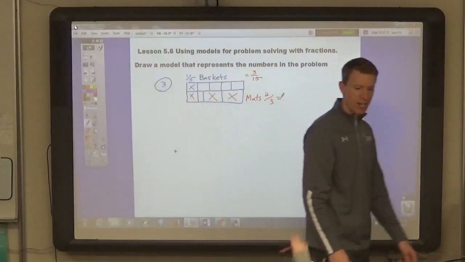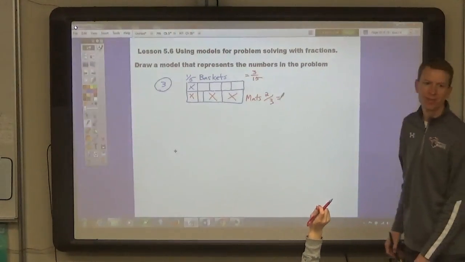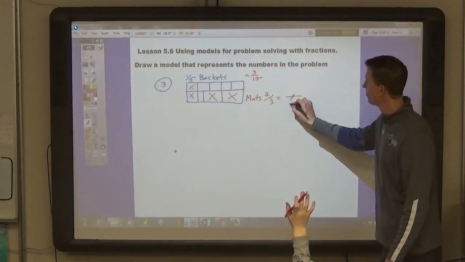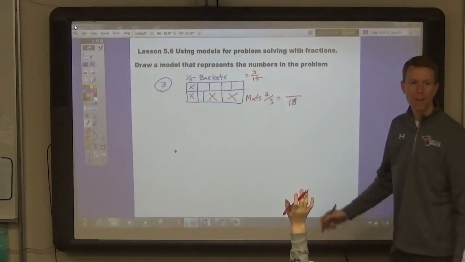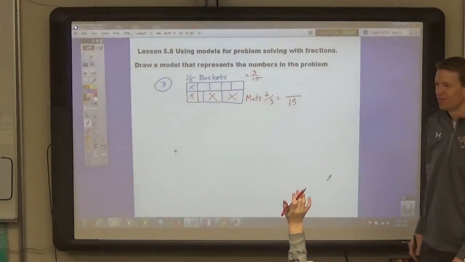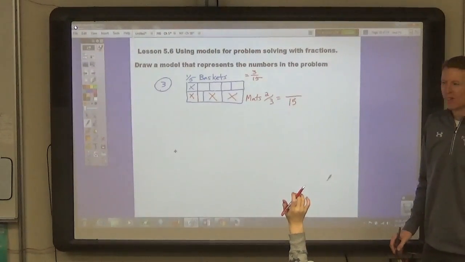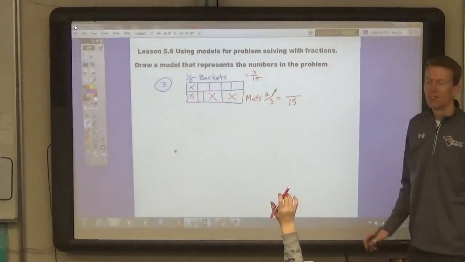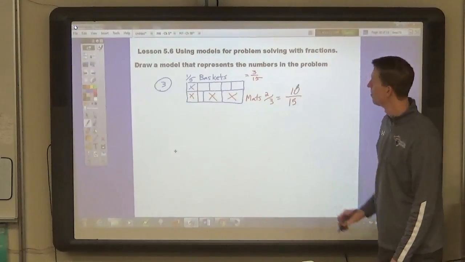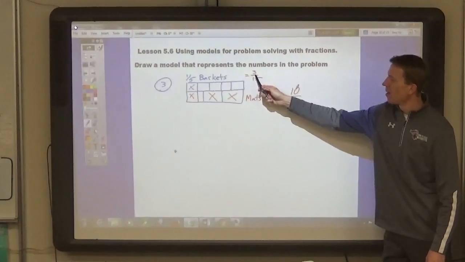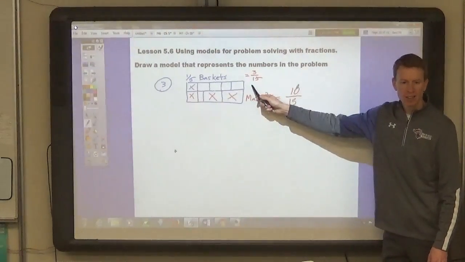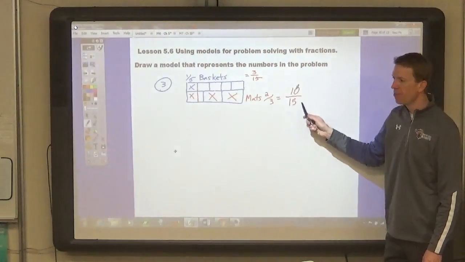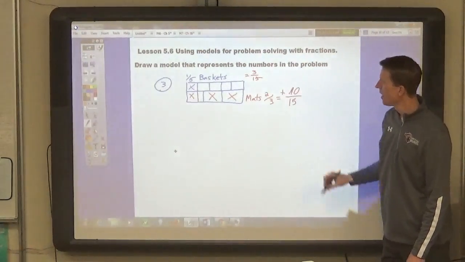2/3 equals, Kaden? How much in 15ths? Times 5. 10/15ths. So how much of the class made baskets? 3/15ths. How much of the class made mats? 10/15ths.